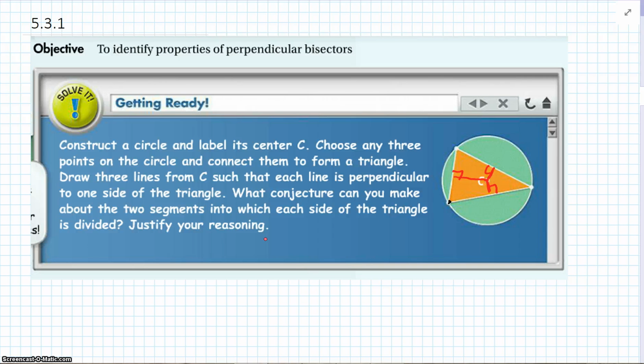All right. Let's look at this. From the circle we made and the center, what do we know about the center to the edge? That's called the radius. And we know the 3 lines from each vertex of the triangle to that C spot are all congruent to each other.